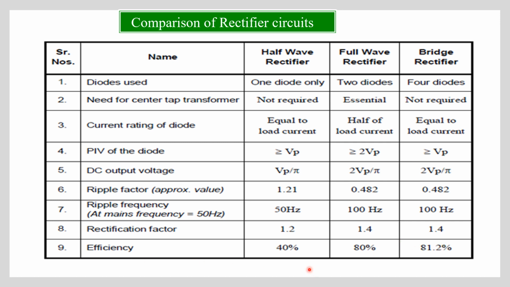Efficiency is 40%, 80% and 81.2%. So these are all the parameters we have seen for the rectifier circuits, and based on this we are going to solve the problems. The comparison comes for 4 marks, either between all three rectifiers or between any two rectifiers.